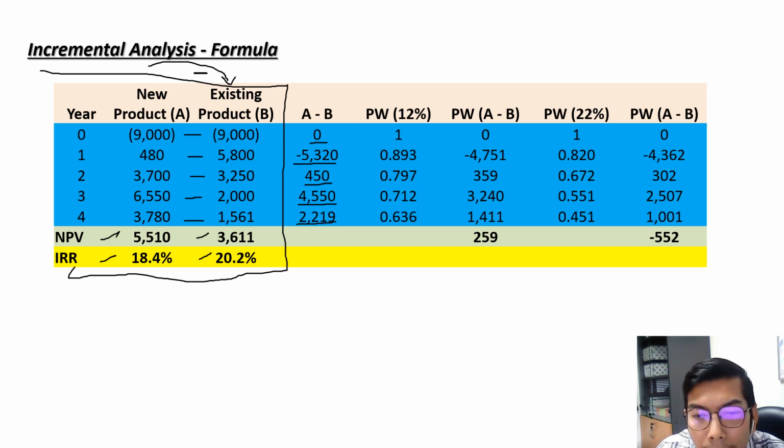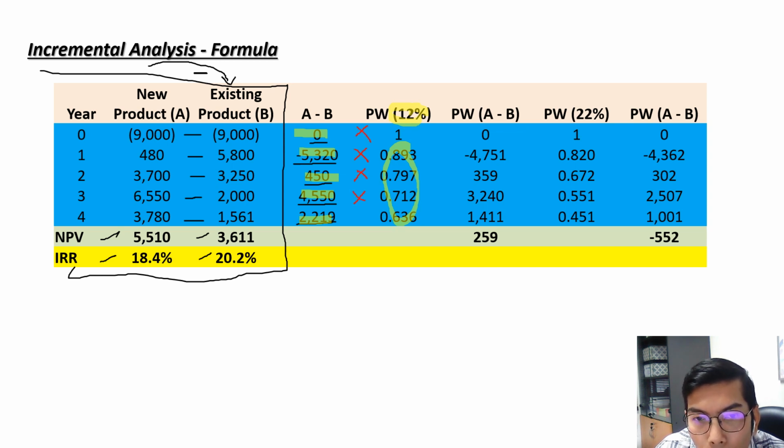Okay, so once you get that value, then you apply present worth factor at 12%. So this value you obtain from table, reference table, present value of £1. Konsepnya sama. You times these two, darabkan.